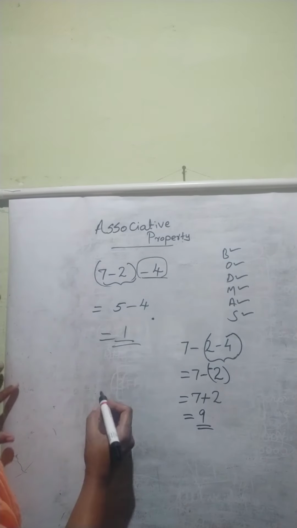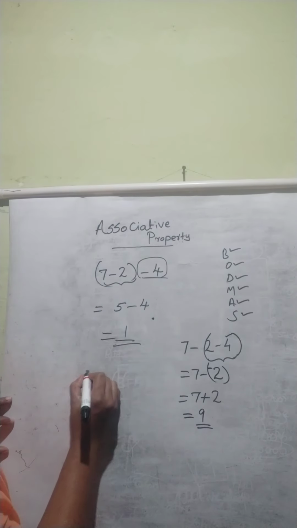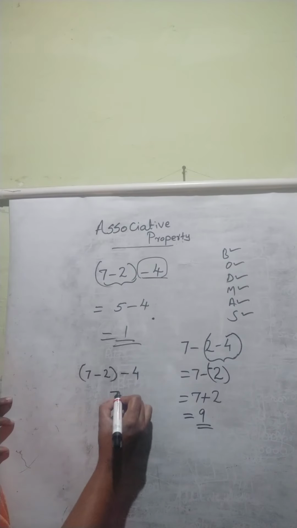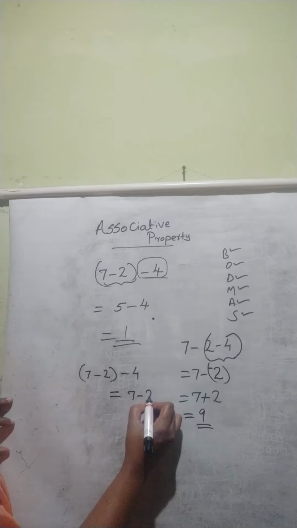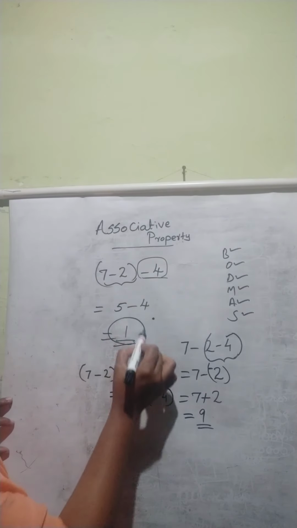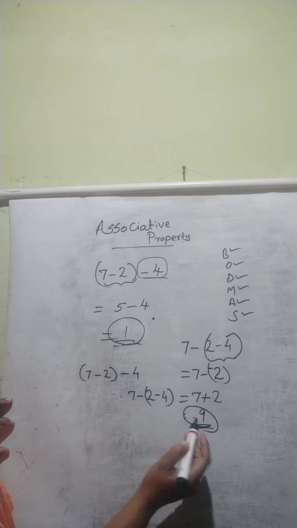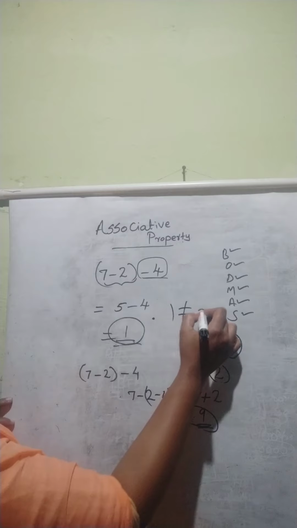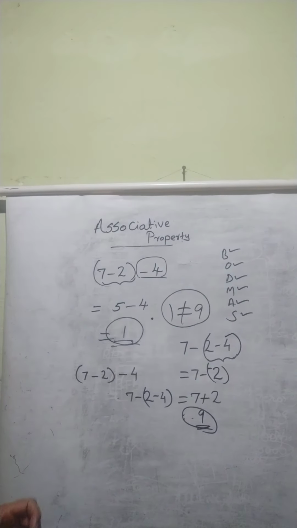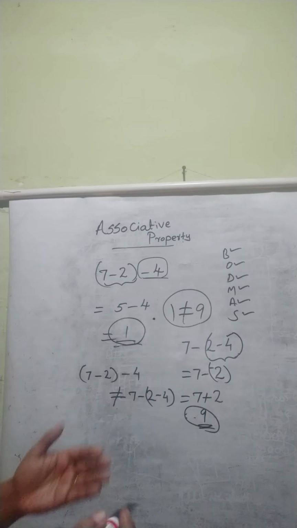So what is there in the LHS part? Here on the LHS side, that is (7 minus 2) minus 4. Then on the RHS side, that is 7 minus (2 minus 4). Here we got 1 and here we got 9. 1 is not equal to 9. It is very clear. So we can say the LHS is not equal to the RHS. What is LHS?